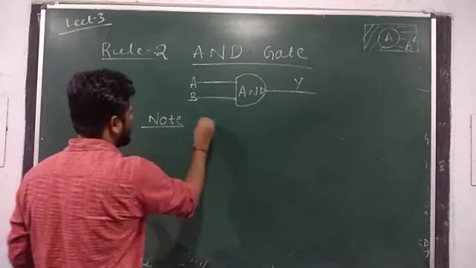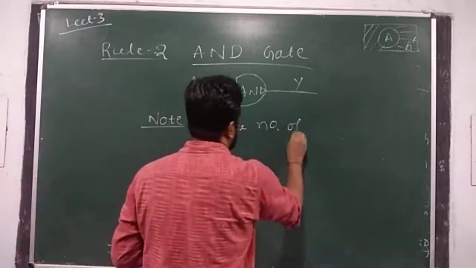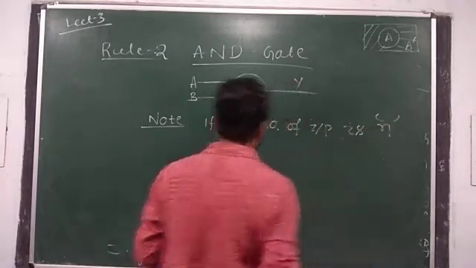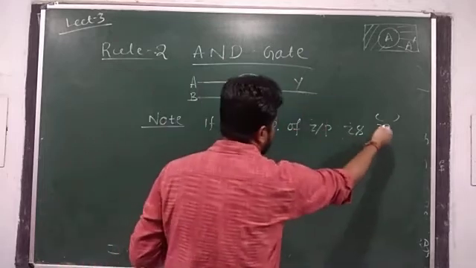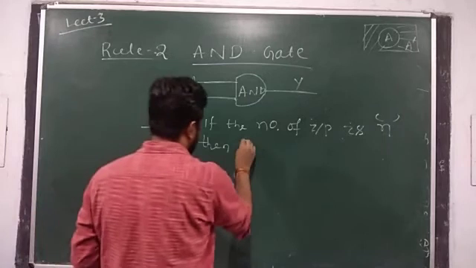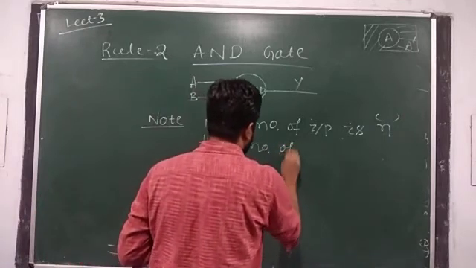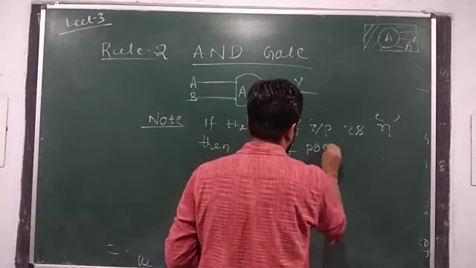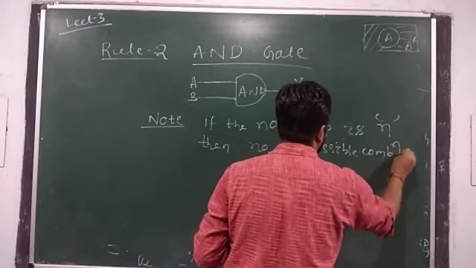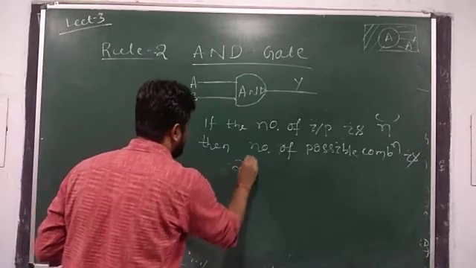If the number of inputs is n, this is your input and this is your output, then the number of possible combinations of input is always 2 to the power n.